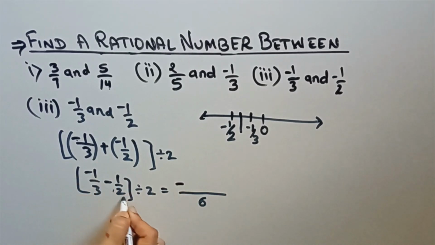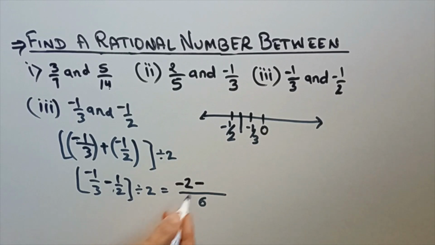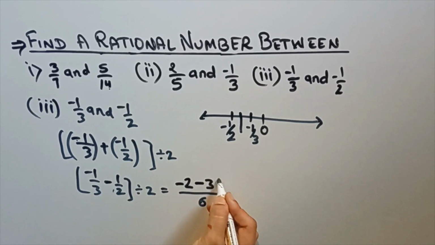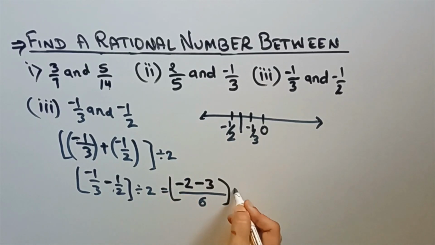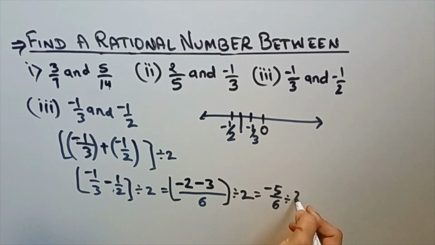Minus 1 into 2 is minus 2. Again minus sign here. 1 3s are 3, so put a minus sign here in between these two. Then 1 3s are 3, write 3. This is divided by 2. Minus 2 and minus 3 is minus 5 by 6. This is divided by 2.